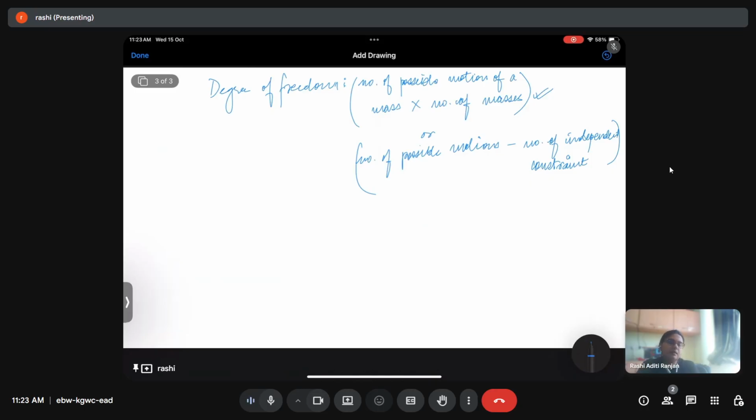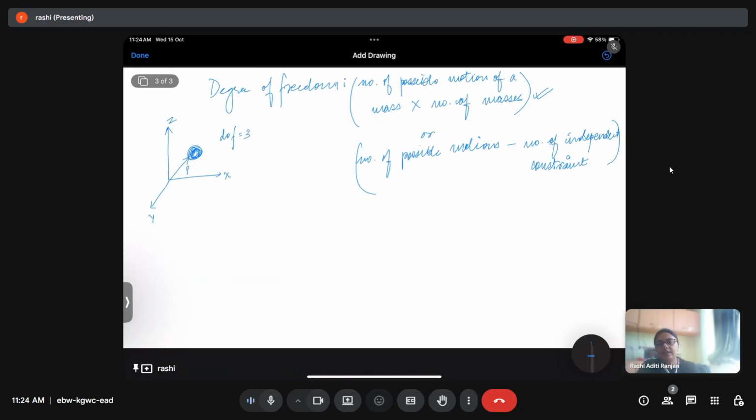For a mass, I have a number of possible motions. Like in a three-dimensional space, I have a ball which has a position vector P. How many degrees of freedom does it have? 3. It is going to have 3 degrees of freedom.